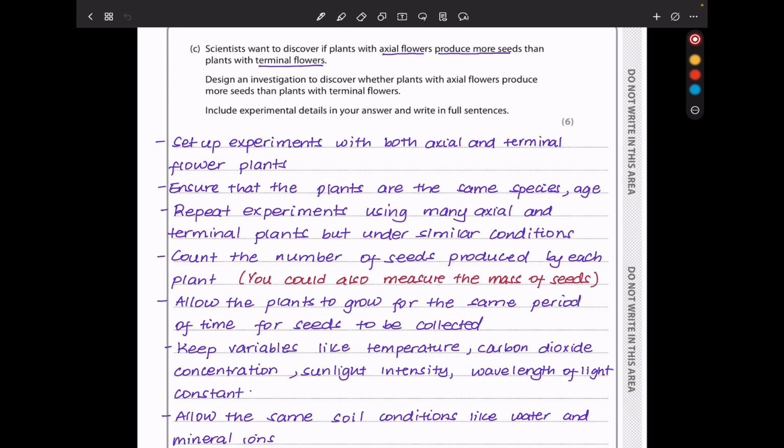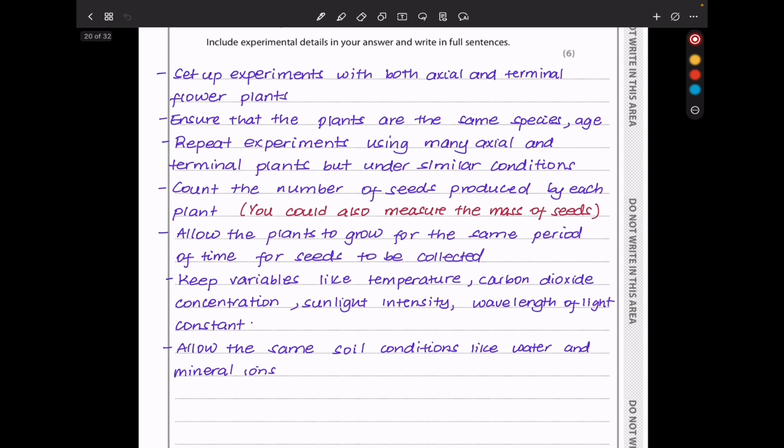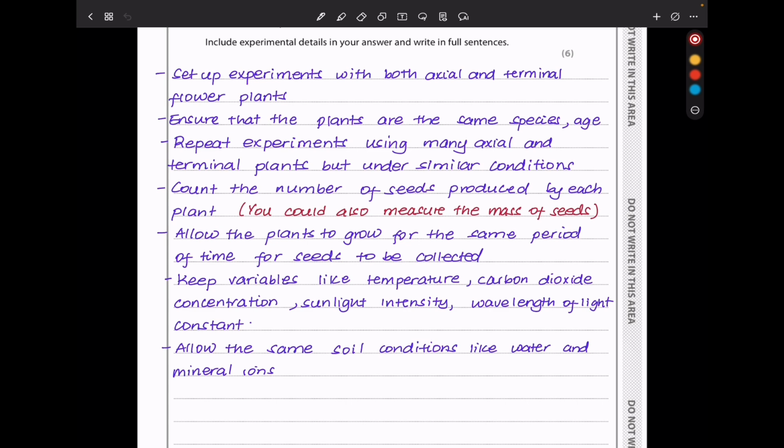And we will repeat the experiment using many axial and terminal plants under similar conditions in order to get the mean results. We will count the number of seeds produced by each plant, or you could measure the mass. Allow the plants to grow for the same period of time for seeds to be collected. During this experiment, we'll keep variables like temperature, carbon dioxide concentration, sunlight intensity, and wavelength of light constant.